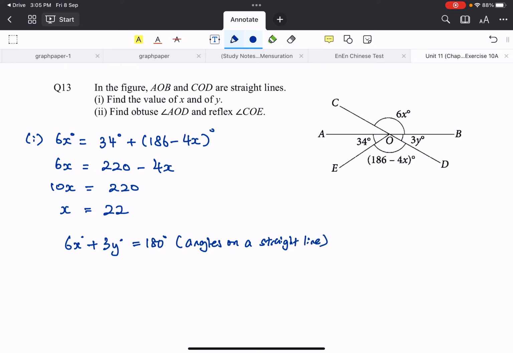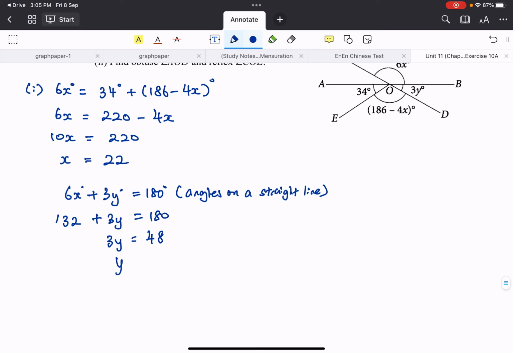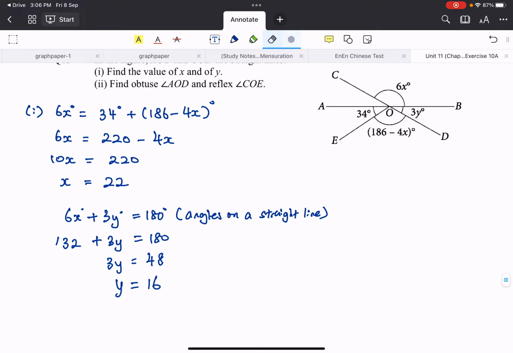So from here, 6x is 6 times 22. 6 times 22 is 132 plus 3y equals 180. So 3y is equal to 48. y will be equal to 16. So we have successfully found our x and y. Right, second part of the question, they want us to find the obtuse angle AOD and the reflex angle COE.